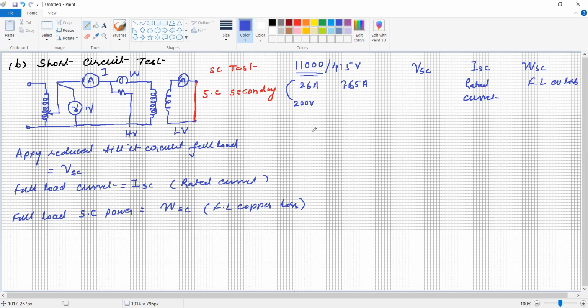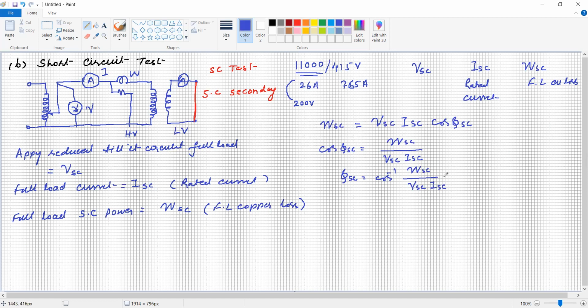Now under such condition, the power WSC is equal to VSC into ISC into cos phi SC. Similarly, cos phi SC is equal to WSC upon VSC into ISC. So we can calculate phi SC is equal to cos inverse of WSC divided by VSC into ISC.